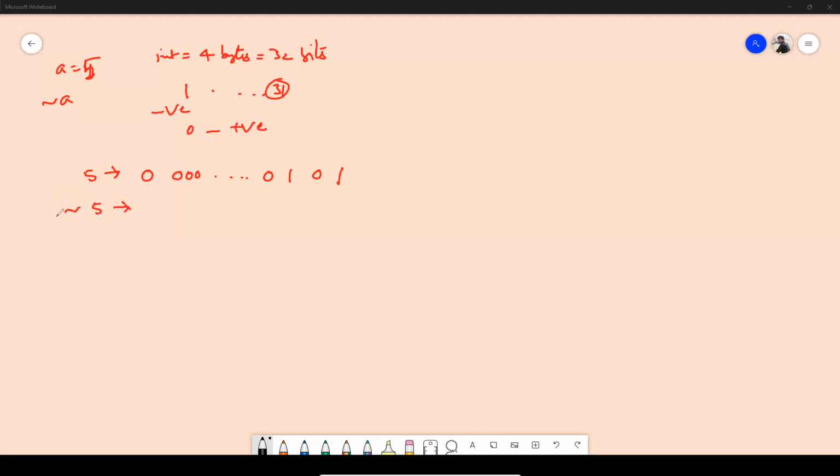Tilde 5. It will flip everything. So this becomes 1 0 1 0. 1 0 1 0 means this is 2, this is 8, so this is the value 10 in decimal.